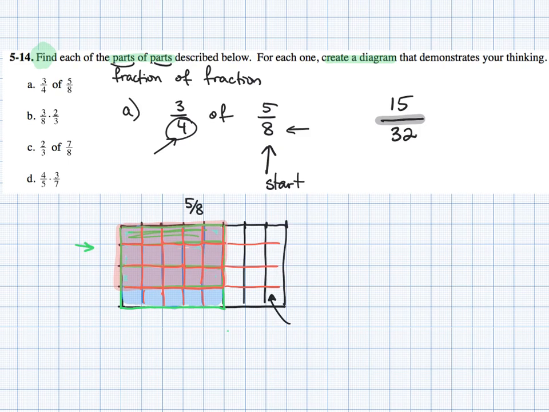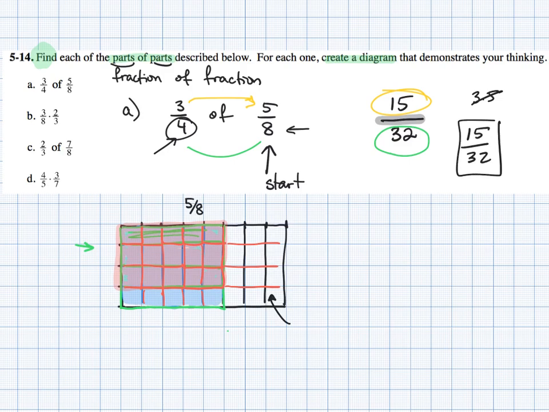So the result of what we saw in the diagram, it is almost like we could say it's multiplication. So 3 times 5 gave us those 15 pieces, and then 4 times 8 gives us those 32 total pieces. And we could reduce the fraction. 15 is made out of 3 times 5, and 32 does not have a 3 or a 5, so we don't have to reduce. So the answer will be 15 out of 32 as a product or final answer.